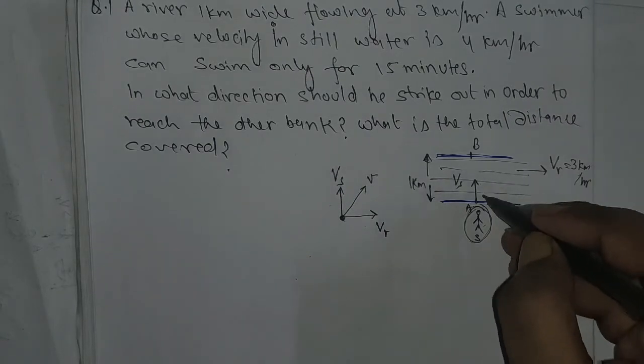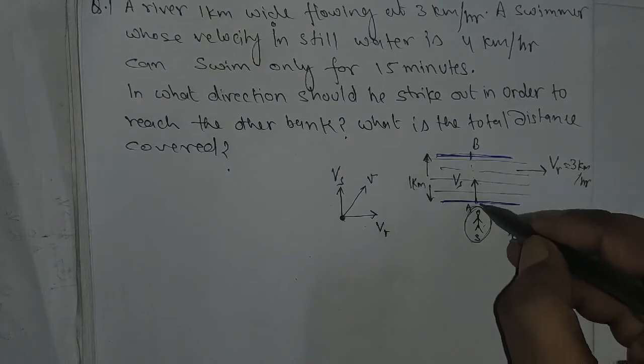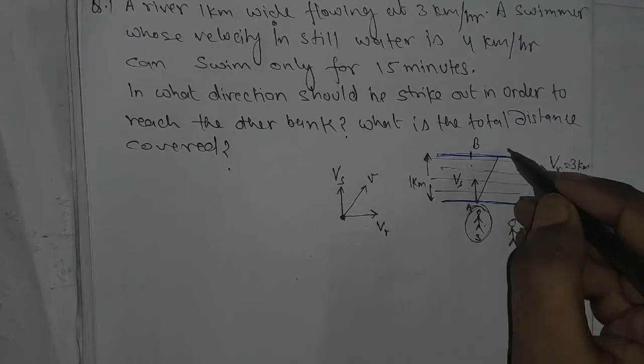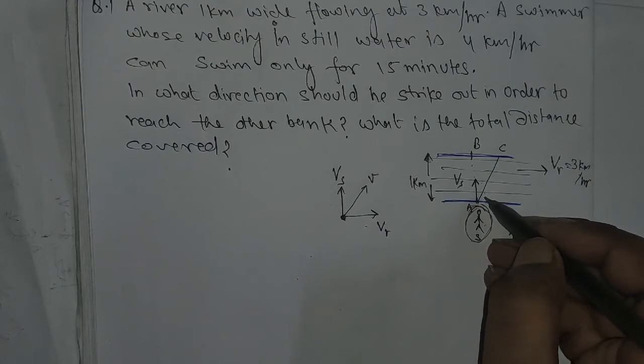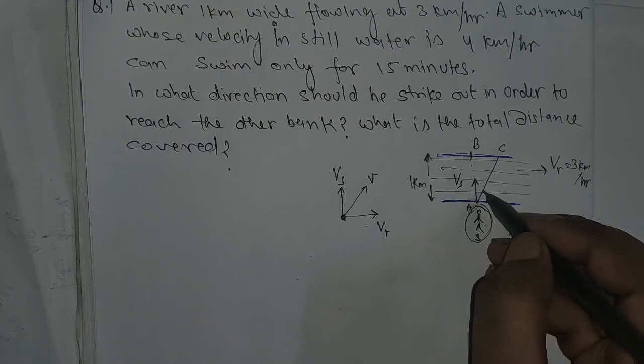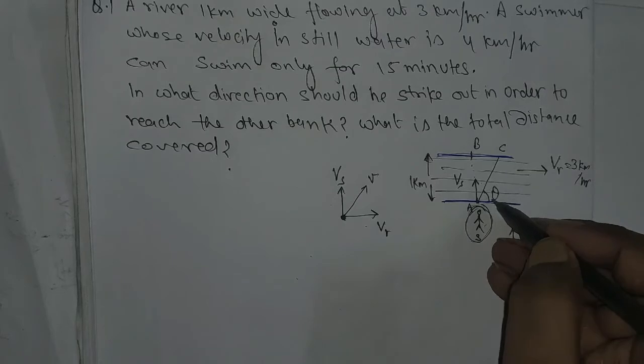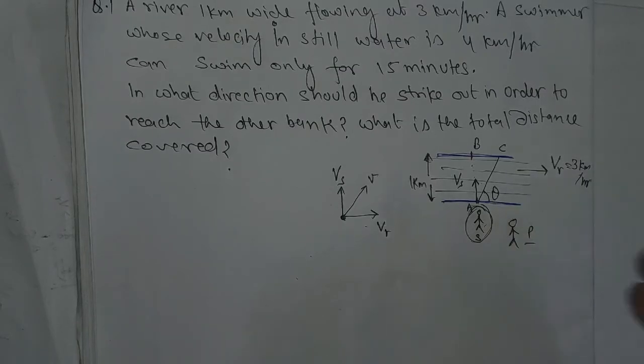Means he will not exactly reach point B, he will reach point C. Okay, so he will make an angle. This direction we will have to tell. This angle theta we will have to tell.